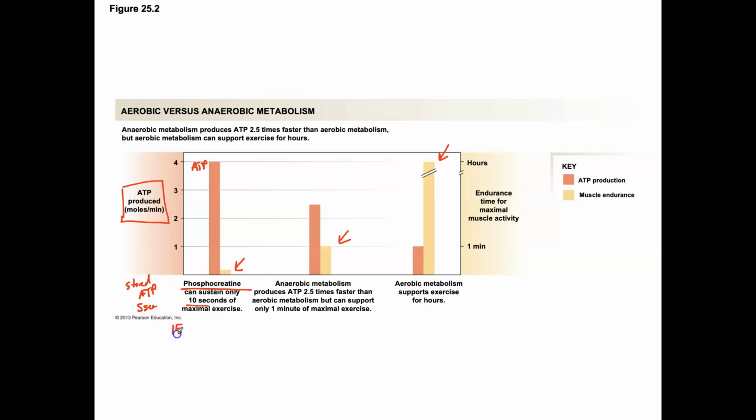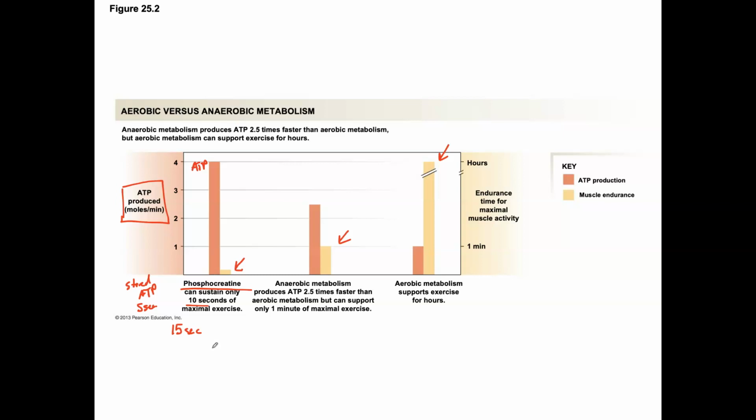So we're only looking at an endurance of 15 seconds. So this is a very short-term solution to be able to do maximal intense events for a short amount of time.